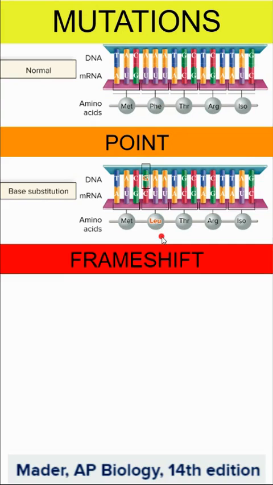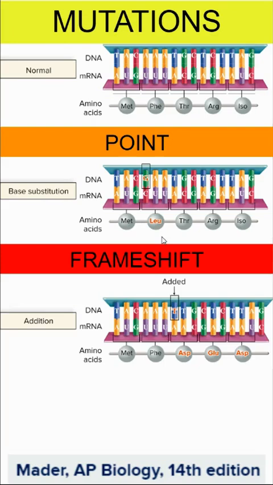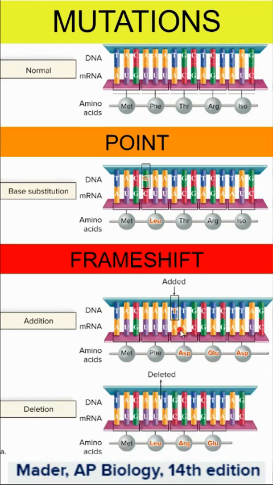You can also have frameshift mutations, which are typically more serious because by inserting a letter, it changes the triplet codon sequence, which doesn't just change one amino acid, but will change every amino acid after the insertion. We also have deletions, which also create frame shifts.